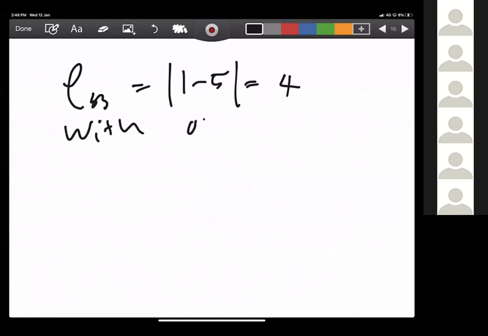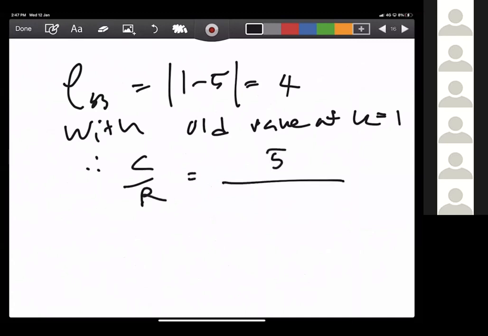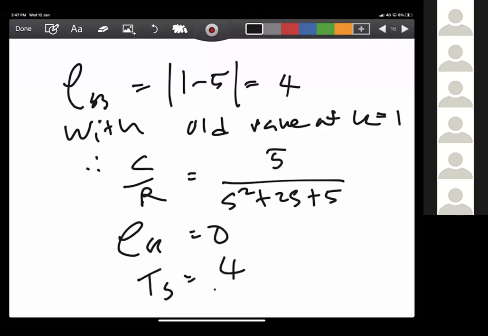But with the original value of K, which is equal to 1, the transfer function is 5 over s square plus 2s plus 5. Steady state error is equal to 0, and settling time is equal to 4 divided by zeta omega n, which is equal to 4 seconds.